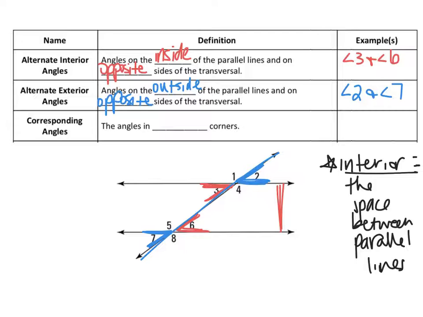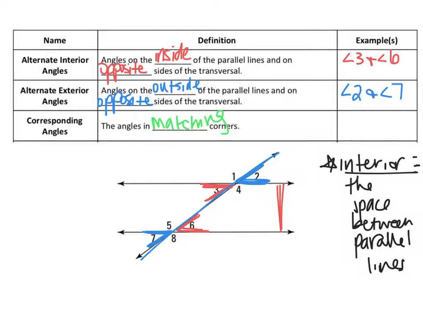The final example that we're going to take a look at on this slide are corresponding angles. Corresponding angles are angles in matching corners. Okay, so matching corners.